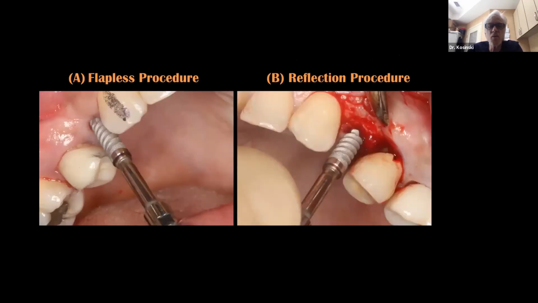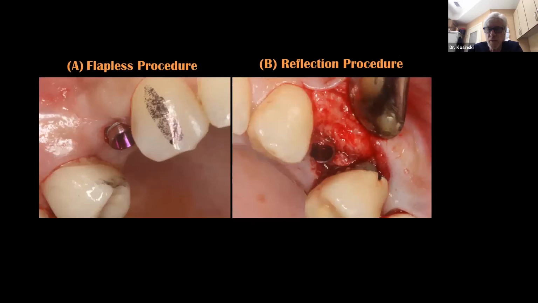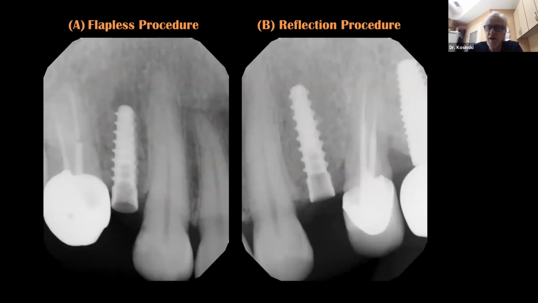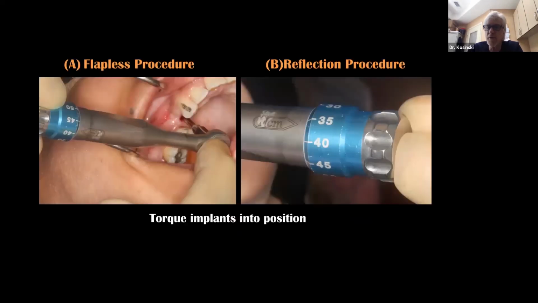And here we will simply insert the implant into the bone to proper position, verify it radiographically, and check the torque. Now, the literature will say that if we're able to torque an implant at 25 Newton centimeters, we can place what we call a healing abutment.